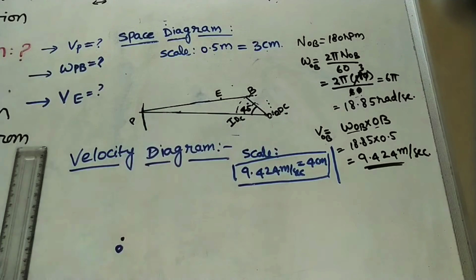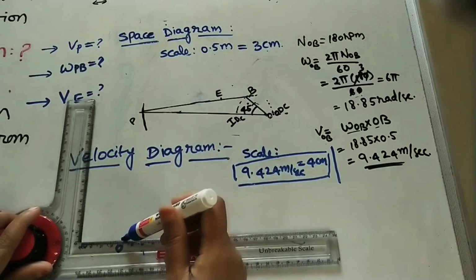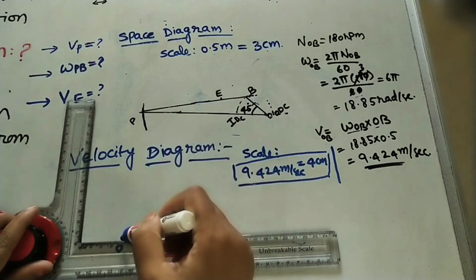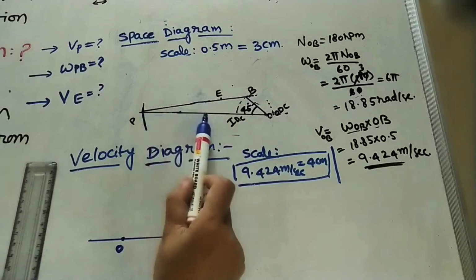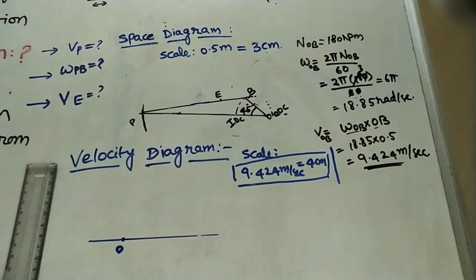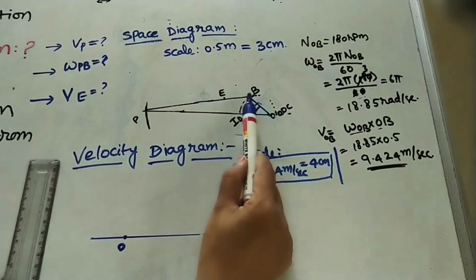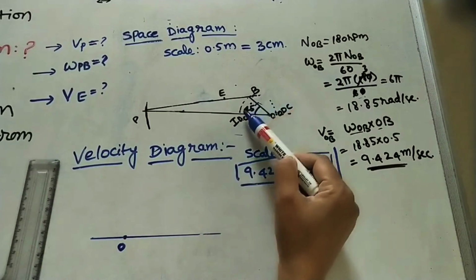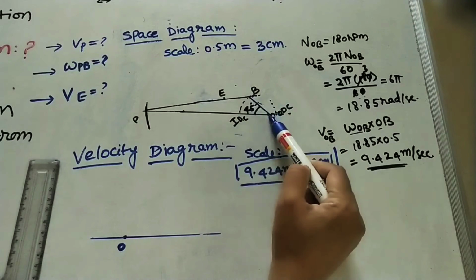We have to find that slider velocity. Just draw one horizontal line here by using the drafter, because it may be in this direction or in this direction. So this slider velocity is horizontal. And then the next one is the OB velocity, which is perpendicular to this link position. Always remember, velocities are perpendicular to the position of the link.